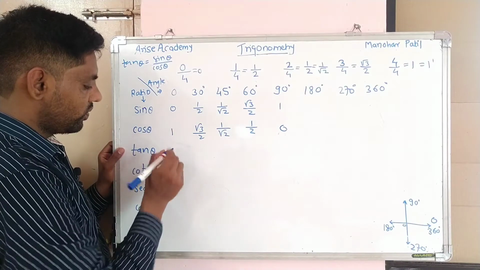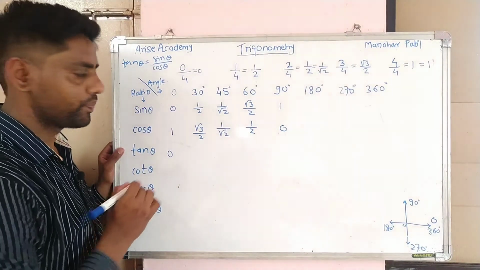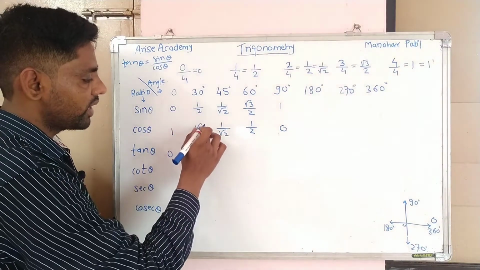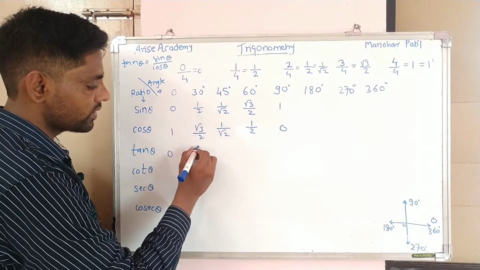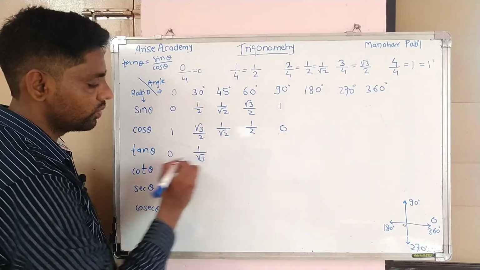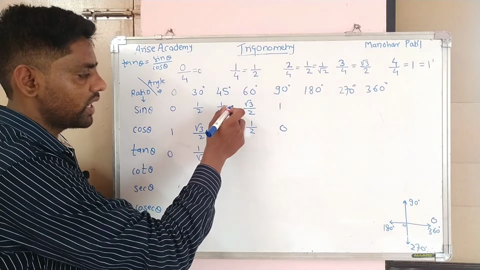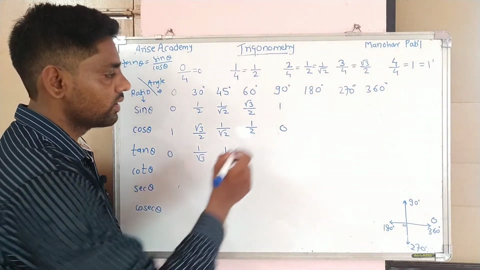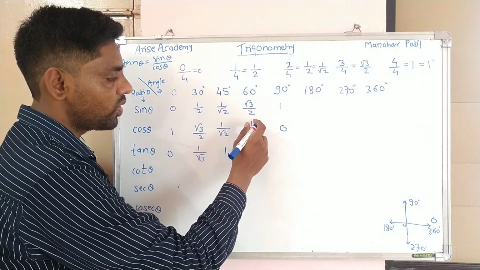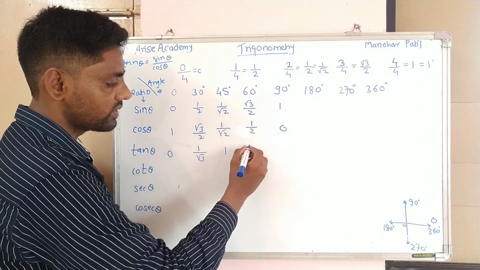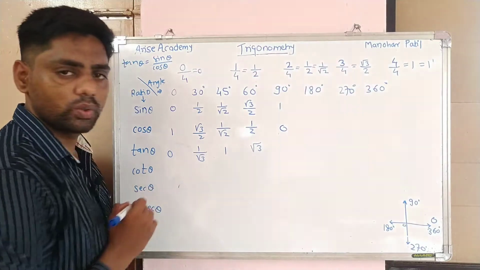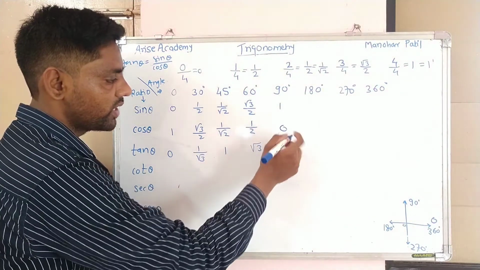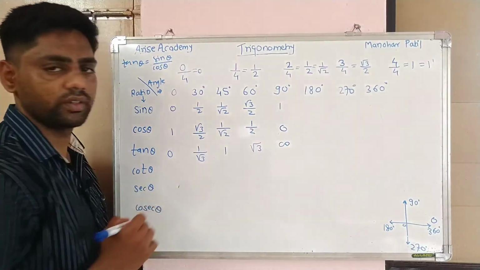Therefore 0 upon 1 is 0; 1 by 2 divided by root 3 by 2, the 2 gets cancelled, so the answer is 1 upon root 3. 1 by root 2 and 1 by root 2 both cancel, so the answer is 1. Root 3 by 2 upon 1 by 2, the 2 gets cancelled, answer is root 3, and 1 divided by 0 means infinity.